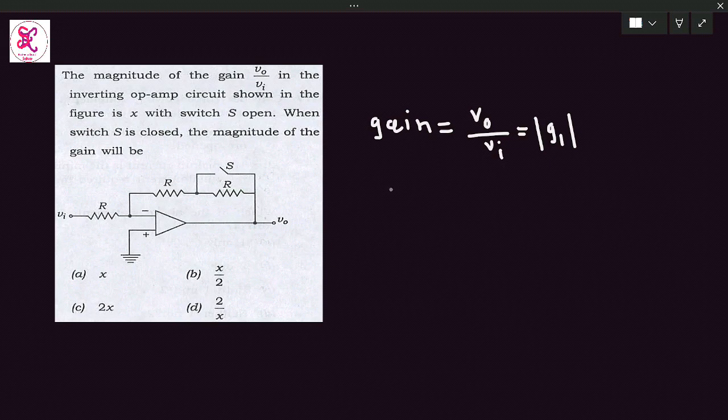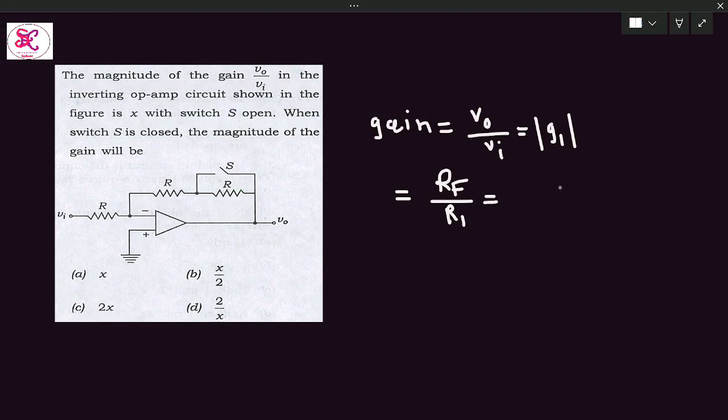If I consider the magnitude, there is no need to consider the negative sign. In the inverting amplifier, the actual gain is minus Rf upon R1, but if I consider magnitude, I can directly consider only the positive gain, that is Rf upon R1.